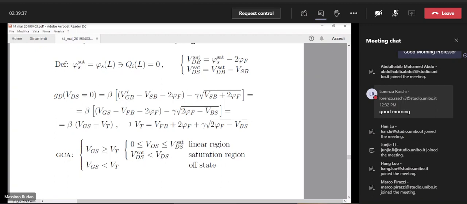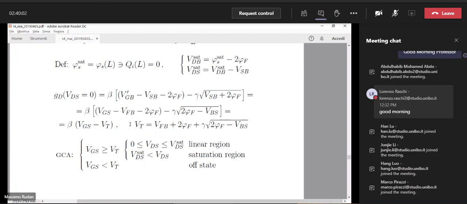Instead, when VGS is smaller than the threshold, in this theory, we say that the device is off. The MOS transistor is not working. Actually, you know, it is not true. We simply have a smaller current in the channel, and this current is called the sub-threshold current.